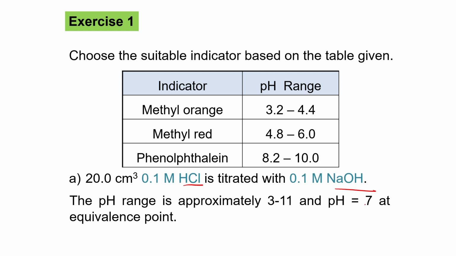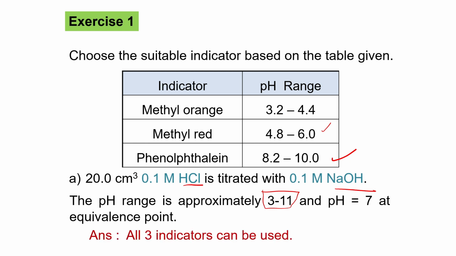Okay, yang mana pH 7 berada di dalam range tu dan dia ialah dalam 3 to 11. Okay, untuk methyl red, actually kita pun boleh pilih methyl red sebab dia still lagi dalam range. Okay, dan juga sama juga untuk methyl orange, still lagi dalam range 3 to 11. Okay, and all indicators can be used.